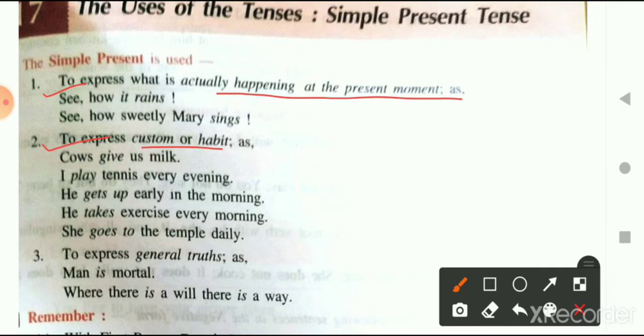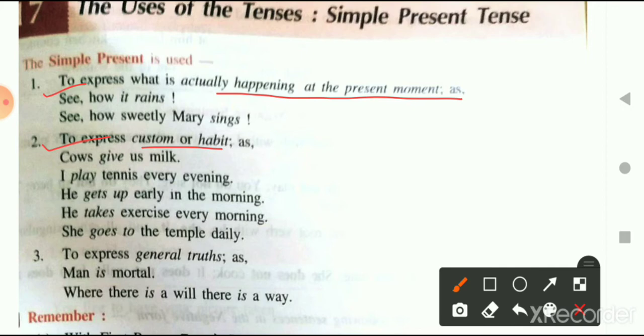Children, by understanding what simple present expresses, you can understand where you can use simple present tense. So the first way to use simple present tense is if you are expressing what is actually happening at a particular present moment. The second one is to express a custom or habit. A habit is something which is actually continuing at that particular time.